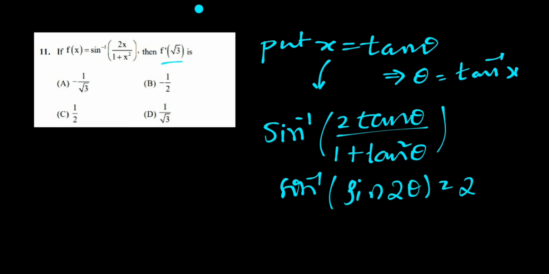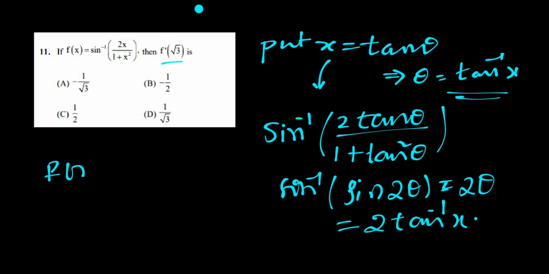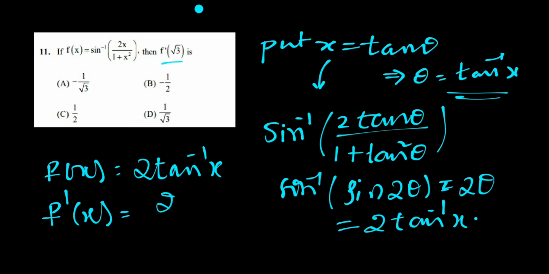So we get the answer 2 theta, which is 2 tan inverse x. So f of x is equal to 2 tan inverse x, and f dash of x is equal to 2 by 1 plus x square, since the derivative of tan inverse x is 1 by 1 plus x square.